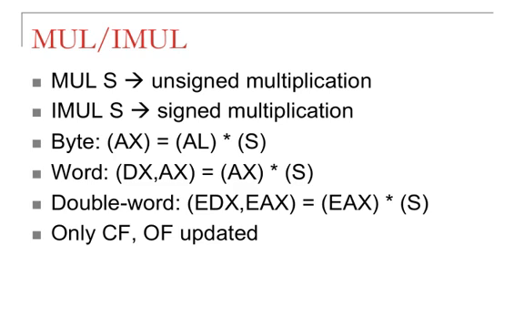MUL is unsigned multiplication, and with IMUL, that is signed multiplication. First of all, when you look at these instructions, they have only one operand, written together with the instruction, which is the source. We know that in order to do multiplication, we need 2 numbers. And multiplication will generate the product, which typically has more bits than the source.